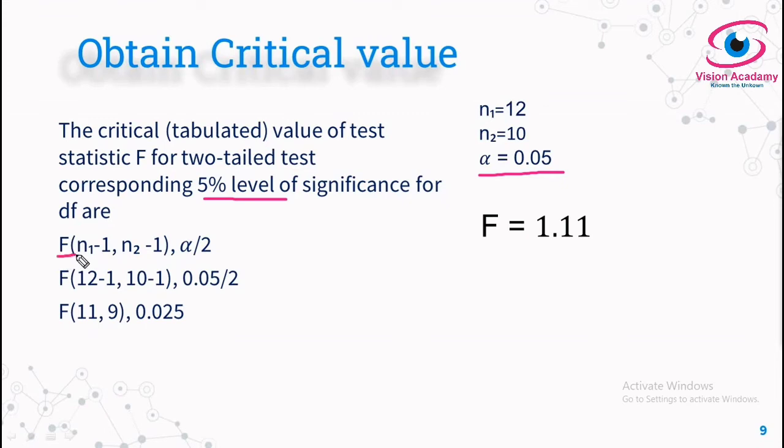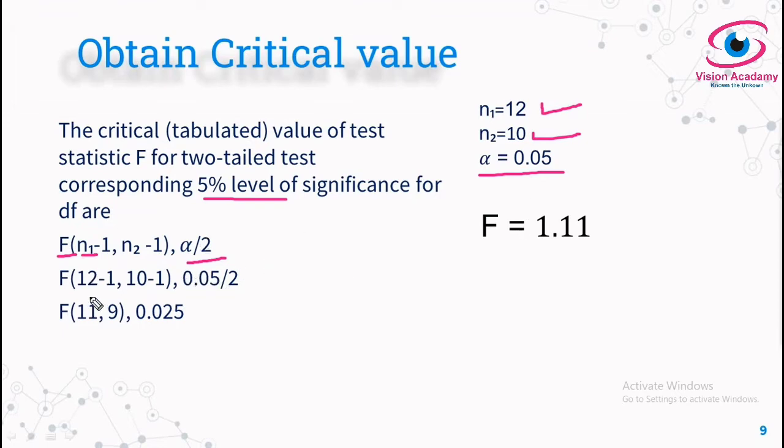So the degrees of freedom are n1 minus 1, where n1 is the first sample size, and n2 minus 1, where n2 is the second sample size, subtracted for the sake of degrees of freedom. And since it is a two-tailed test, we divide our alpha, that is the significance level, by 2, because the rejection region has to fall on both sides.